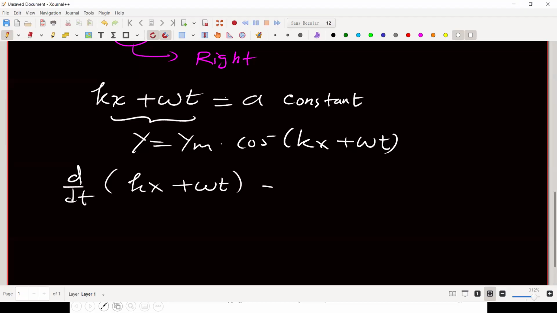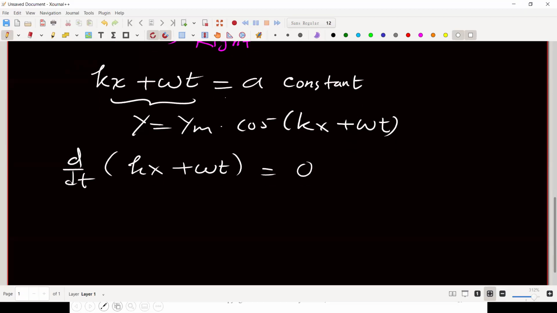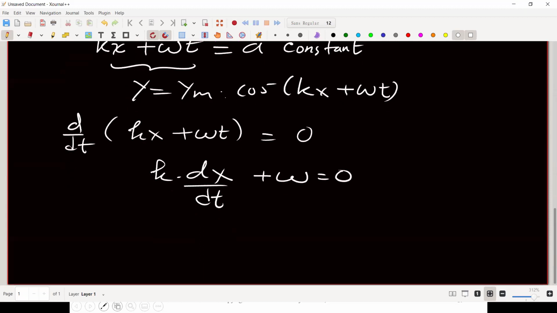Since the right side is constant, the derivative is 0. So k dx/dt plus omega is equal to 0, and we get that k dx/dt is minus omega.